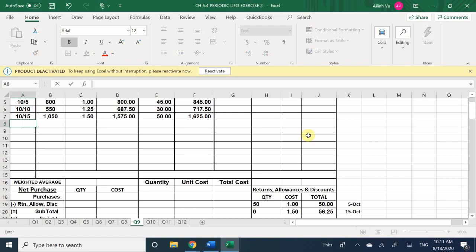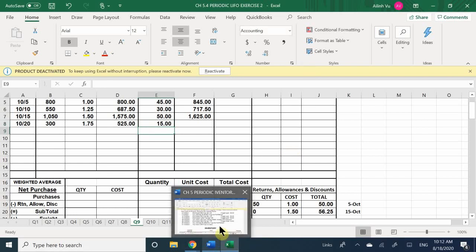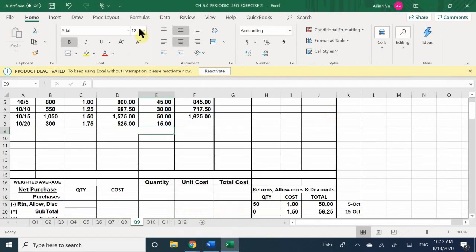So what's my total here? Okay, and I think the freight was $15, right? Yes, $15. So what is my total here? 540. Good.